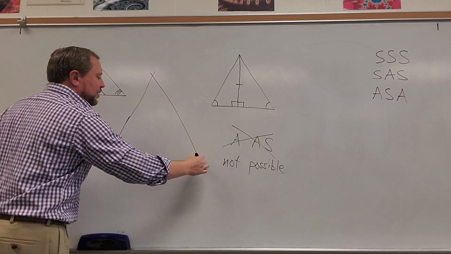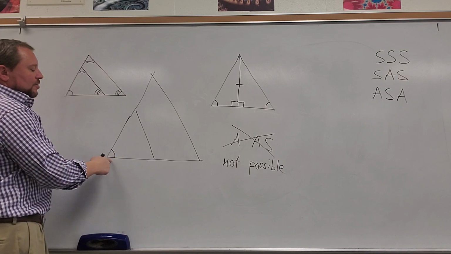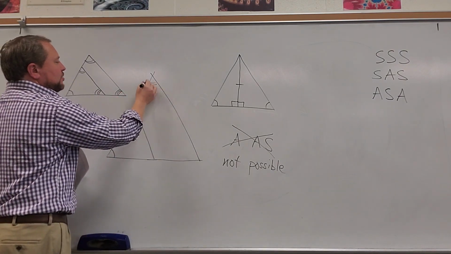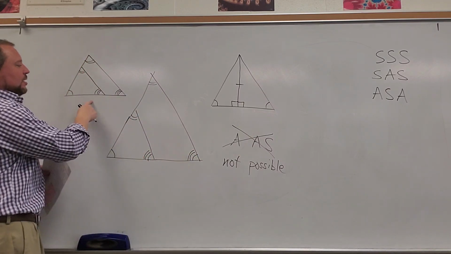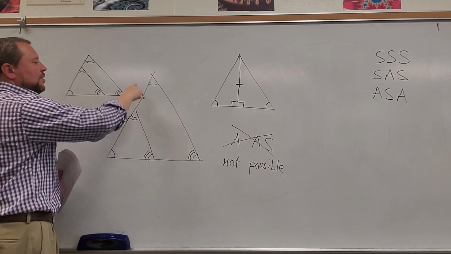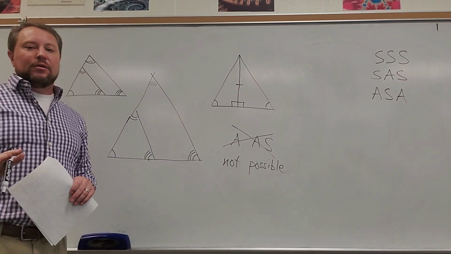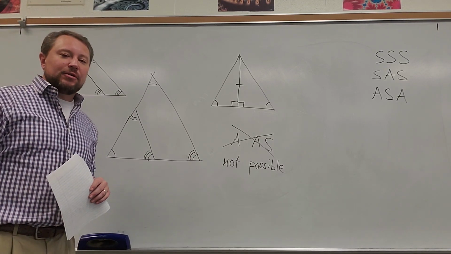Whether I cut it off here or back in here, that angle didn't change just by extending the sides out. So that's why it's possible to have all the angles match, just like we did here, where all three angles match on the two triangles, but the triangles are not congruent. Instead, they're what we call similar triangles, which we'll study in a later chapter.